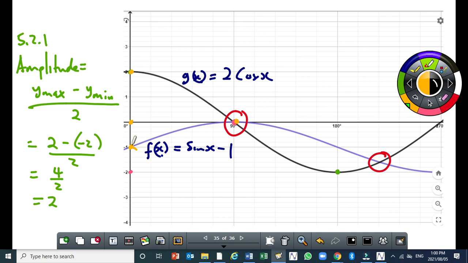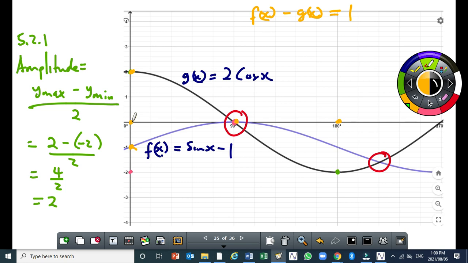So since I'm using this equation, I need f of x minus g of x to equal 1. Here, g of x is 2. Here, g of x is minus 1. Remember, we want values of x between 0 and 180 degrees.